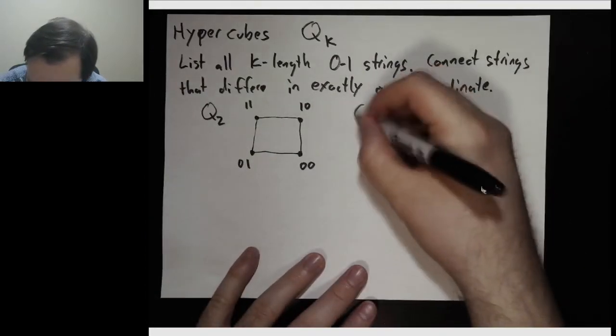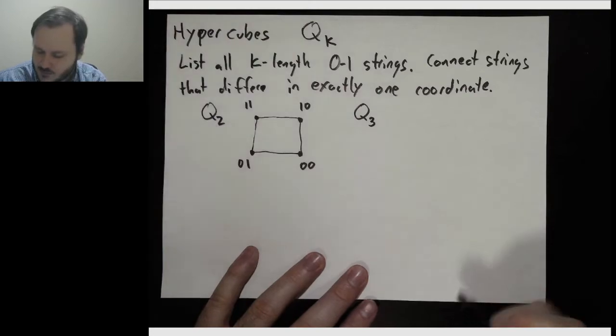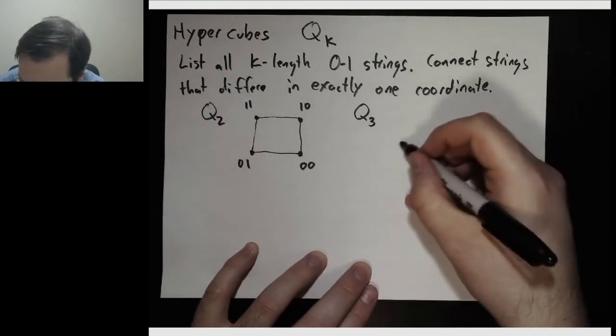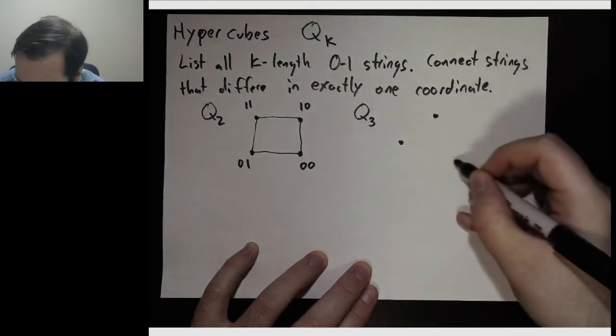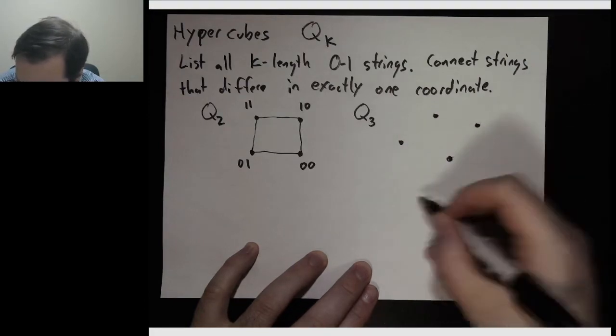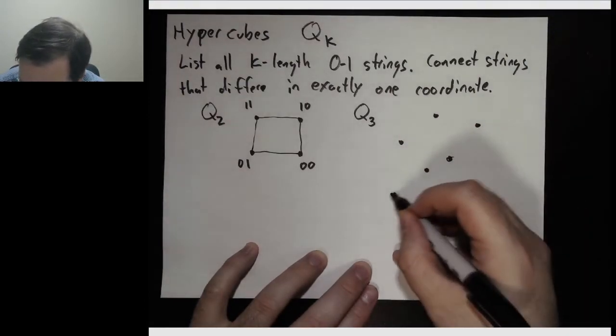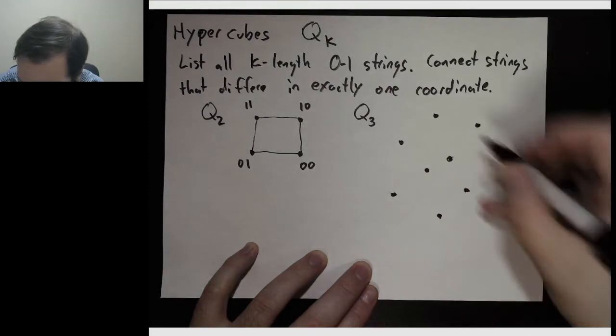And why are these called hypercubes? Well, if I look at Q_3, I can draw my vertices in a slightly suggestive pattern.